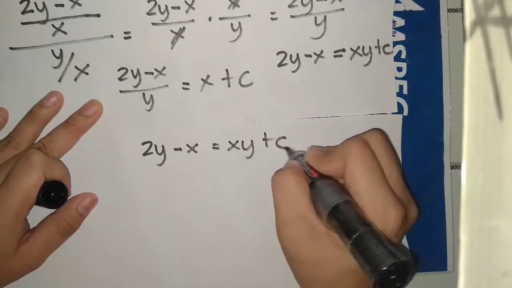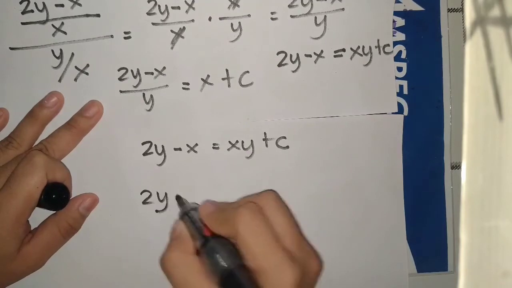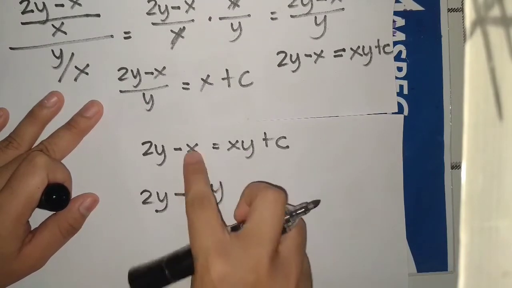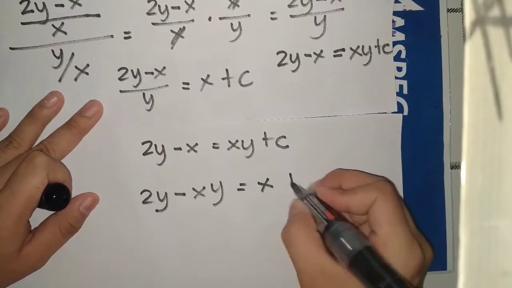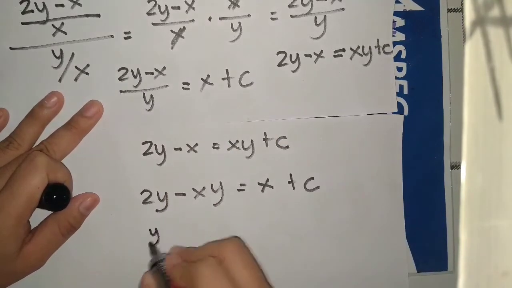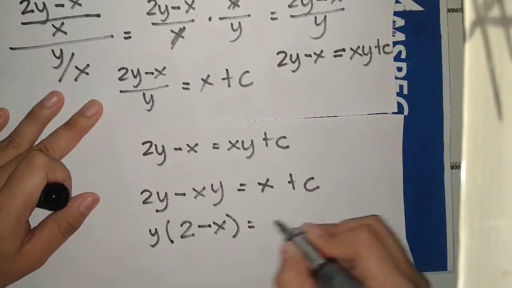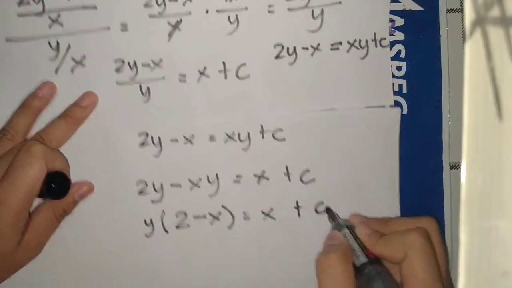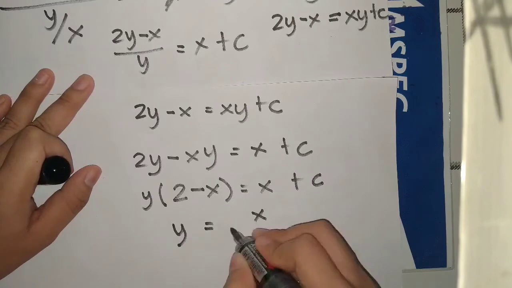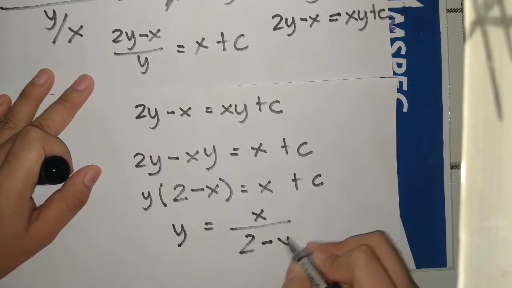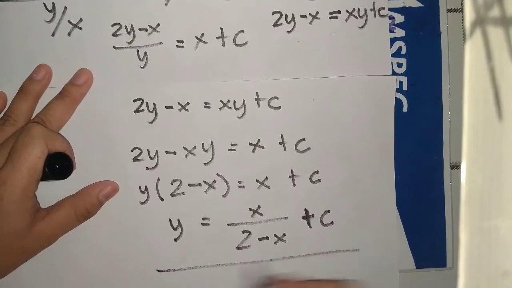So it can be an answer already, but we can still simplify. So we will have 2y minus xy is equal to x. So I move xy to the left and then the x to the right so that I could get positive x. So we left y alone, so we factor y and multiply 2 minus x with y is equal to x plus c. So that is our final answer.